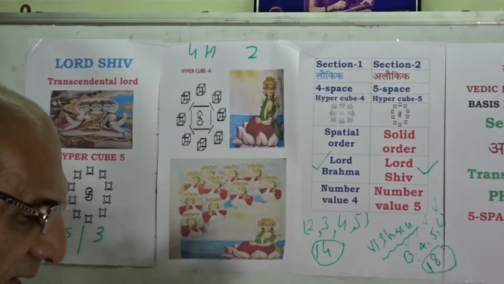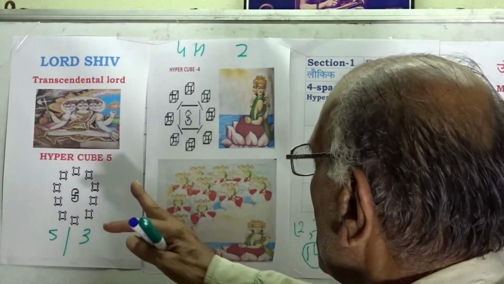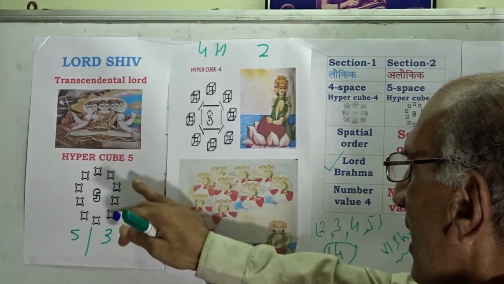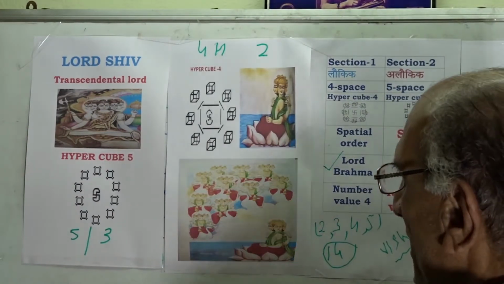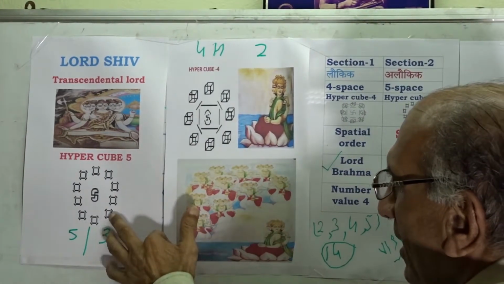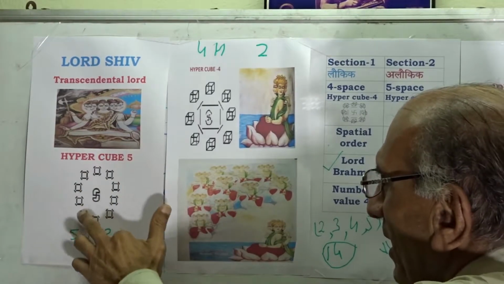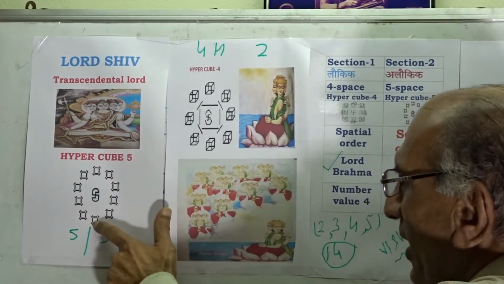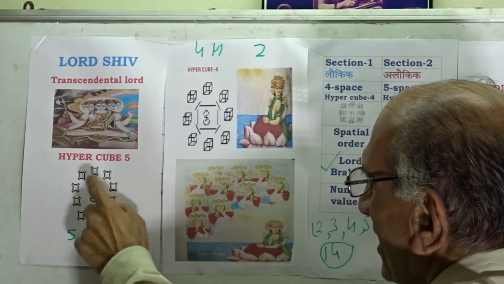We can make an entry in our captions of the features of the idol of Lord Brahma and Lord Shiva and hypercube 5: that the boundary of the transcendental domain is a creative boundary. The creative boundary of hypercube 5 is of 10 components.